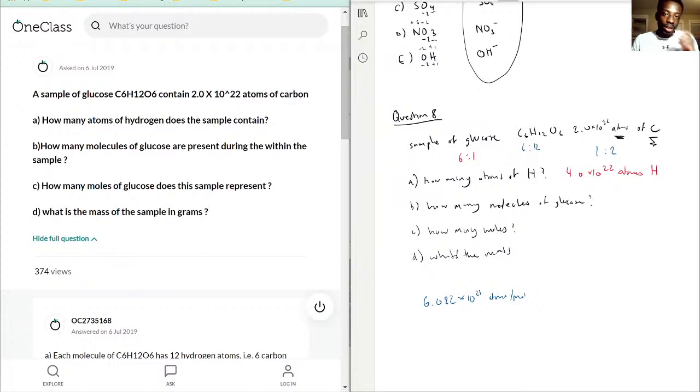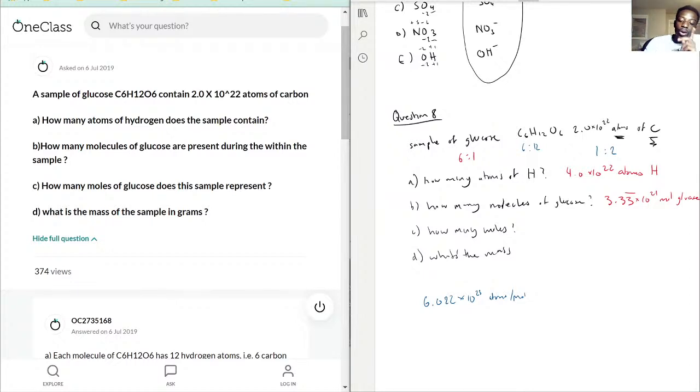So it ends up being 1/3, well, 0.333. And just remember that because it's 10 to the 22, when you go down one lower, it's going to be to the 21. So in summary, we get 3.33 times 10 to the 21 molecules of glucose, and the 3 is repeating.